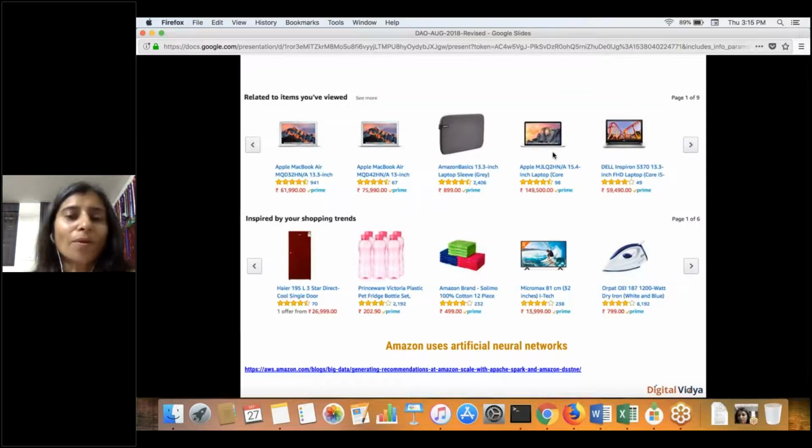The other most commonplace place where you see machine learning being applied is e-commerce engines, whether it is Amazon, Flipkart, anything, or media like Netflix. Everywhere you see a lot of recommendations popping up. So what is sitting behind are machine learning algorithms which are trying to get more and more accurate.